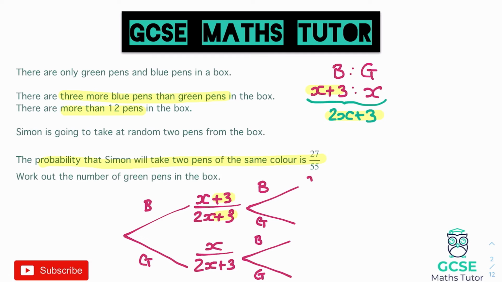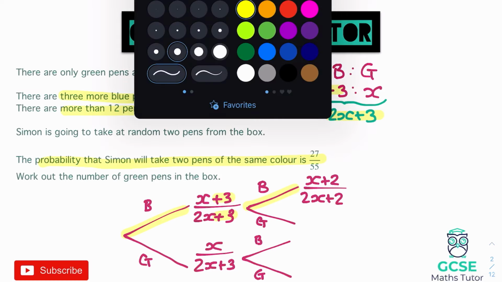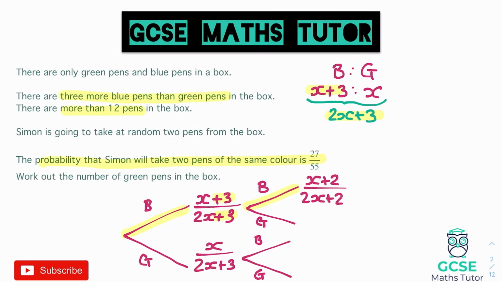So that's going to be x plus 2 over, and then it's going to be 2x plus 2. So there we go, our numerator's gone down because we're looking at the same colour this time. We don't need to do the green one, so let's miss that out and go down the bottom route. Again, we've done this route. Now let's have a look at the other route for same colours, which is going to be green, green.